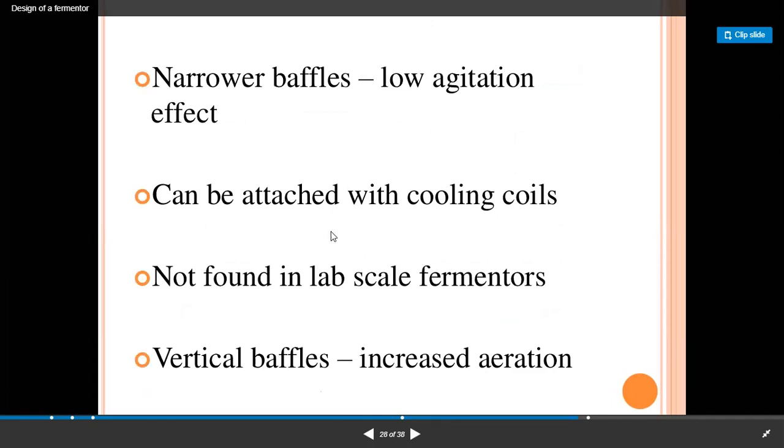Baffles can be attached with cooling coils, not found in lab scale fermenters. Vertical baffles increase aeration. We don't see this kind of baffle in normal lab scale fermenters. We can observe it in large scale fermenters. We can observe these kinds of fermenter designs in industries.